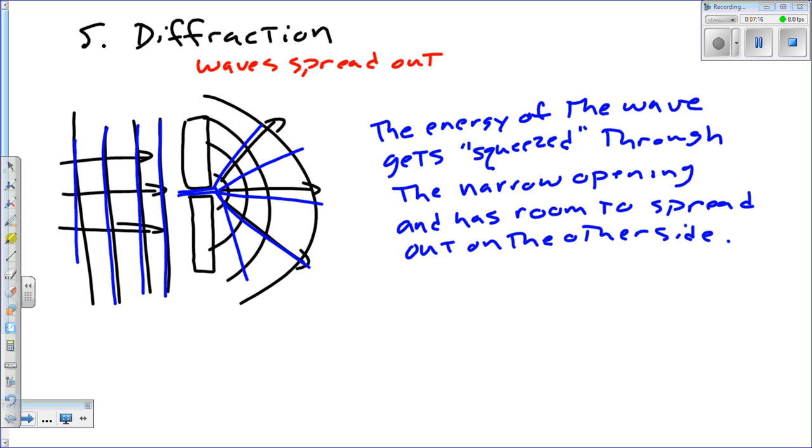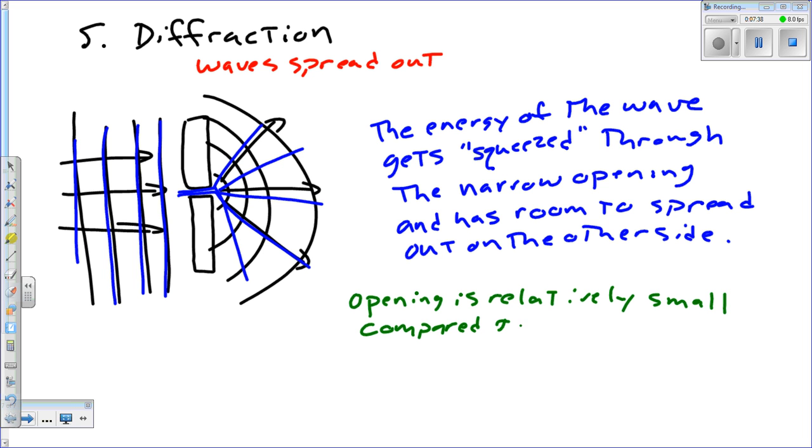basically, the thing to keep in mind here is that the opening is relatively small compared to the wavelength.